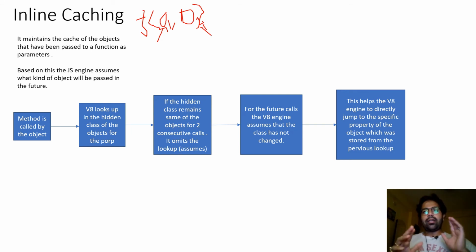For example, we know that obj1 has the structure x and y, and each and every time the function is called it will have this particular structure, correct? So it will know that this is the address of x, so it can directly go and fetch x. Similarly for y.